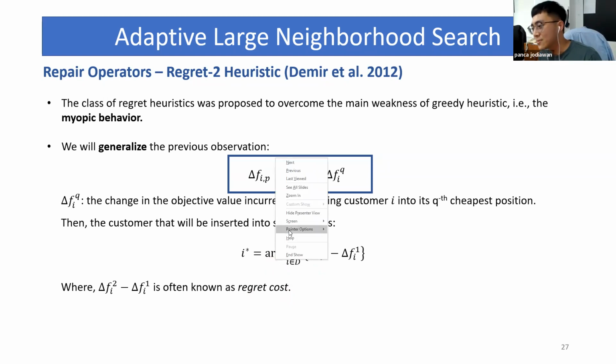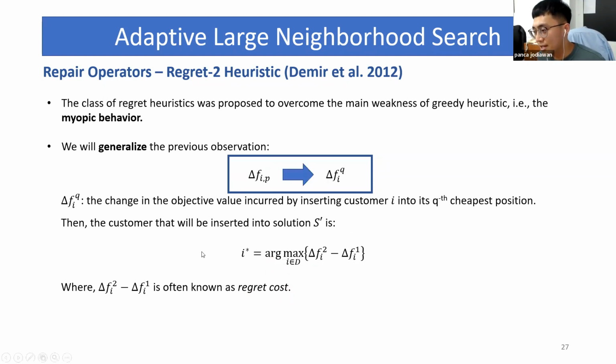Okay, then that is for the regret 2 heuristic. A short story why we call it 2, because we only consider the second best cost. In the paper, you may find not only regret 2, but you can also find regret 3. So regret 3 means you consider not only the second best cost, but you also consider the third best cost.